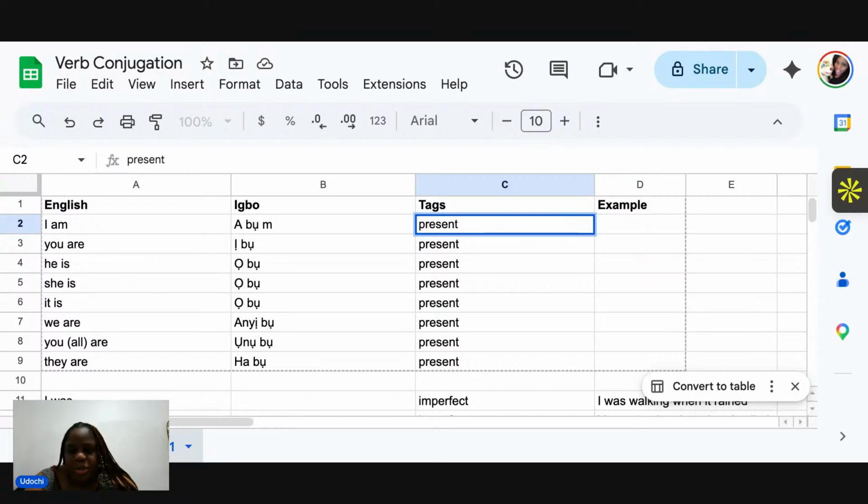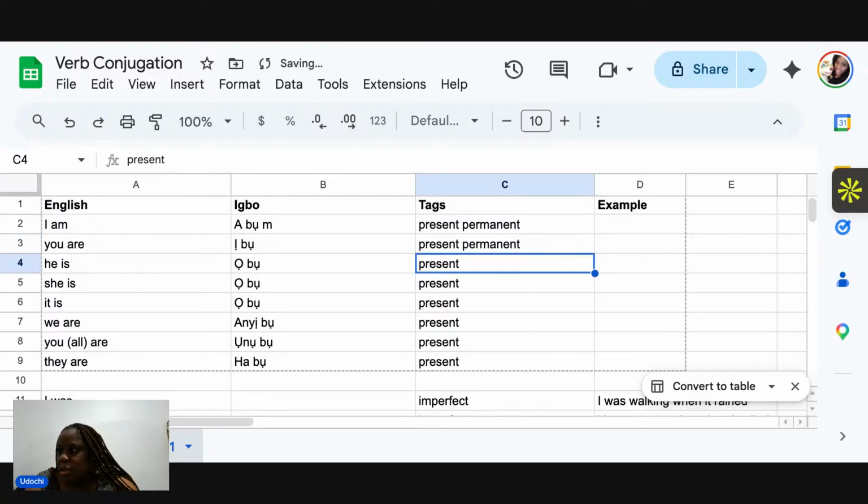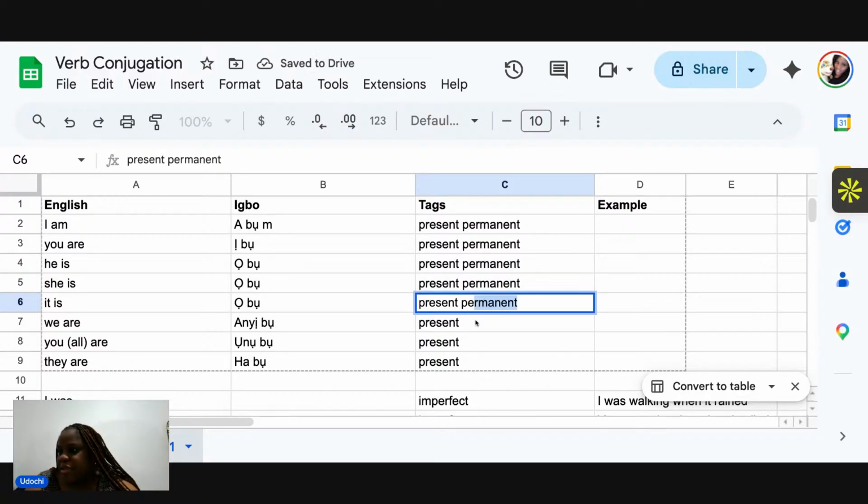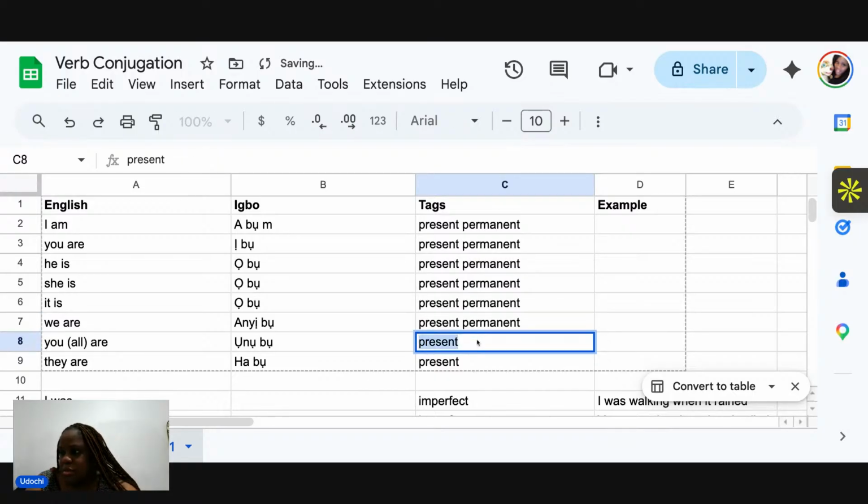But I think I need to put present permanent in here. Because bu is permanent, that's the difference between bu and de.